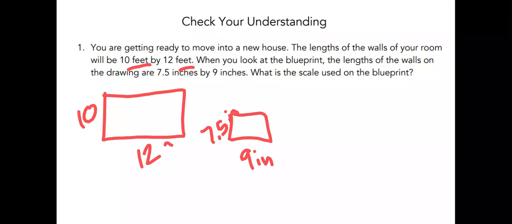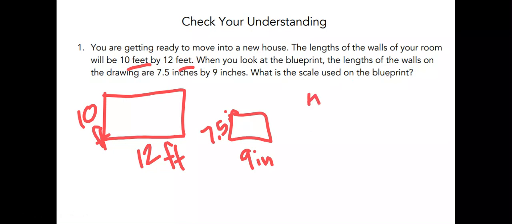Oh, and I better go back and label these. This is feet. That's 10 feet, 12 feet, 7.5 inches, and 9 inches. What is the scale used on the blueprint?